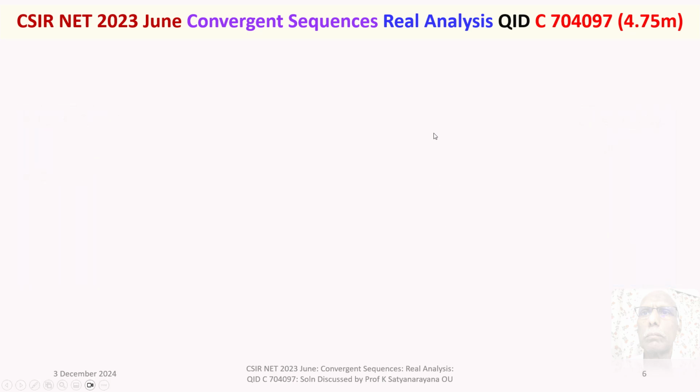Let's now discuss the solution of the problem in detail. We have f, a function from the set of real numbers into itself, defined by f of x is equal to 1/4 plus x minus x square.